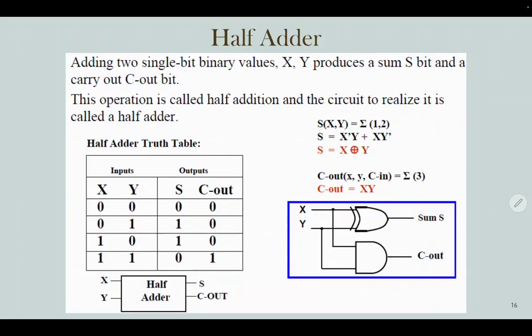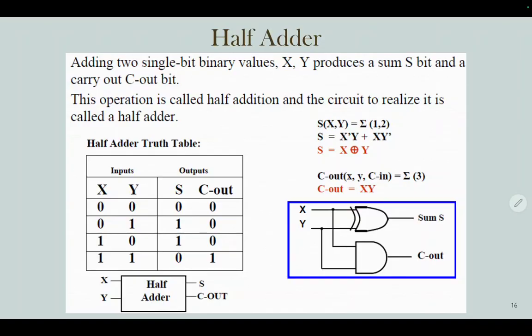Okay, this is an example of a half adder. A half adder is performed by adding two single bit binary values X and Y, producing a sum bit and a carry out. You got sum and C out. This operation is called half addition, and the secret is to realize that you call it a half adder.